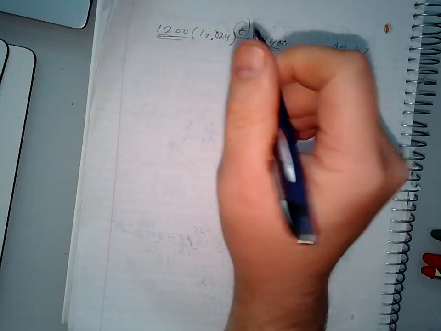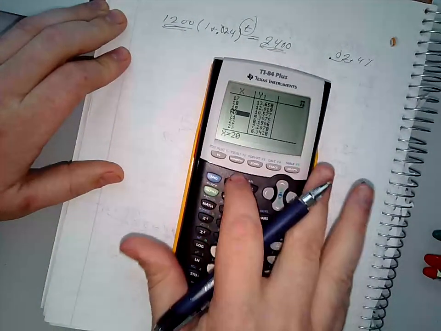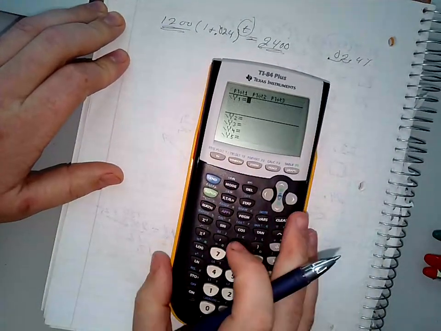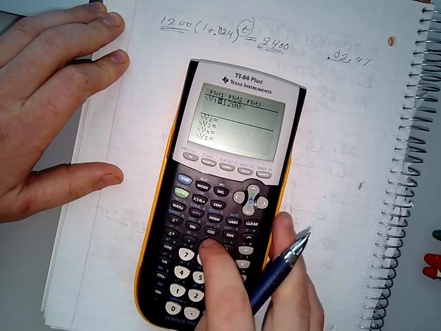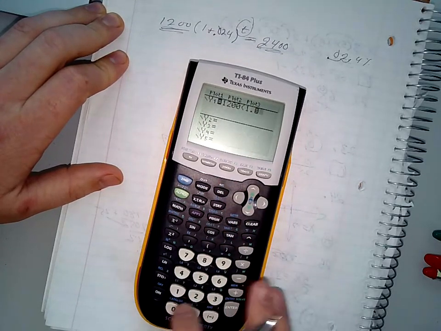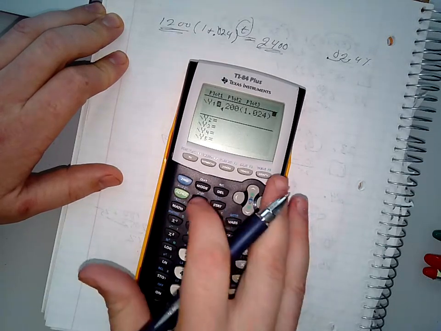We're going to do that in our calculator in the table, or we're going to do it in y equals so we can look at a table. So we have our initial amount of termites, 1,200 times 1.024 to the power of x.